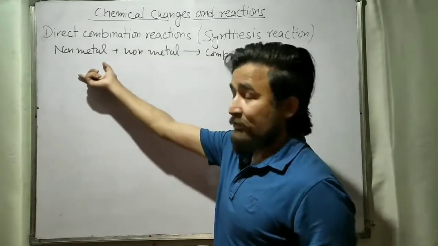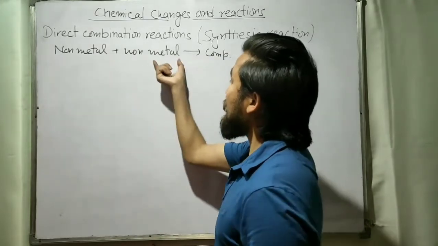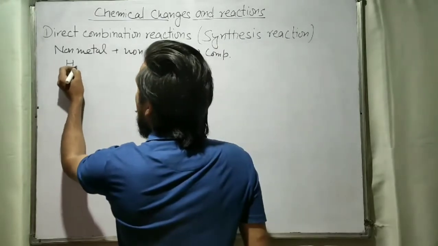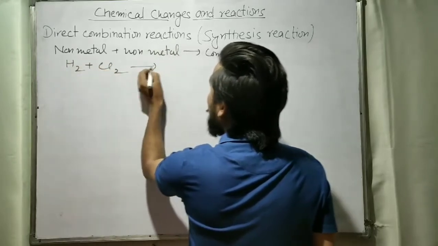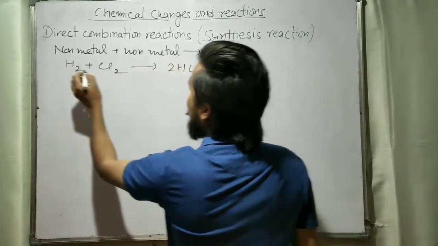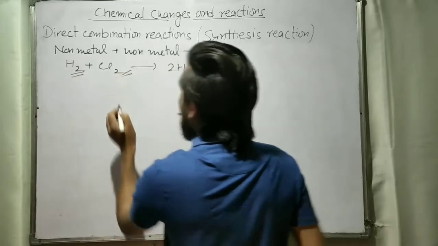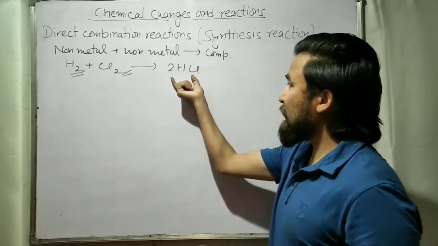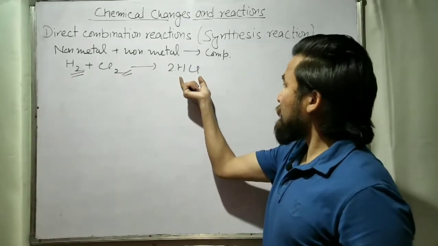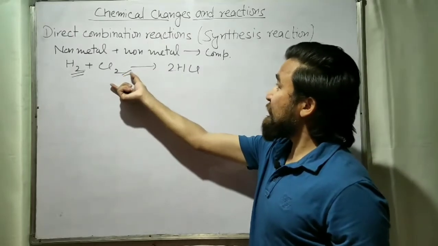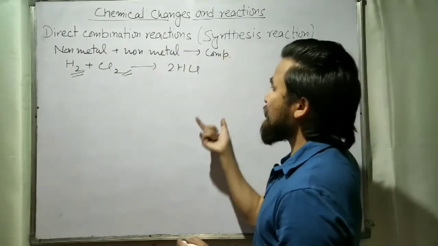You can see some examples of non-metal plus non-metal, like H2 plus Cl2 forming HCl. This is a non-metal, this is a non-metal, and they are forming a compound. So this is an example of a direct combination or synthesis reaction.